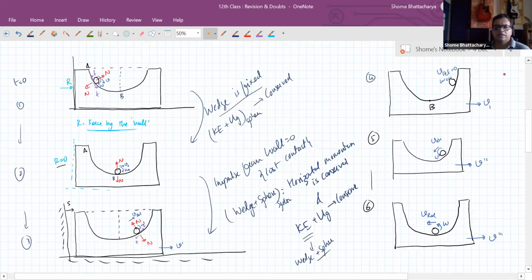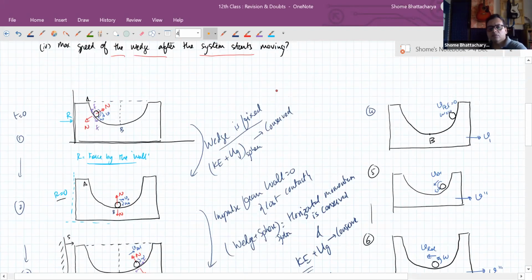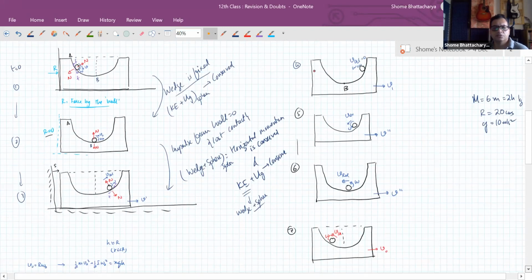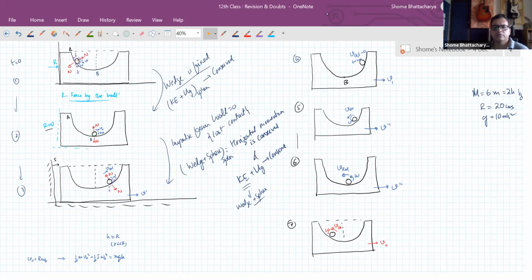Okay, so for that, I encourage you to go through this series of diagrams again and try to identify at what point of time the wedge will have maximum speed.